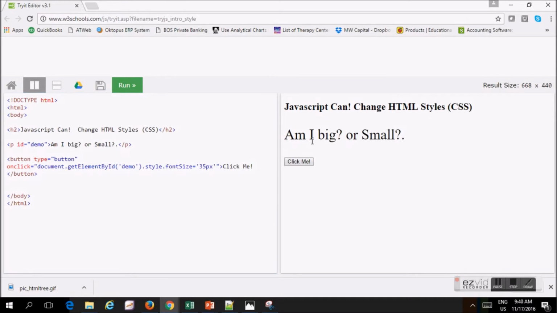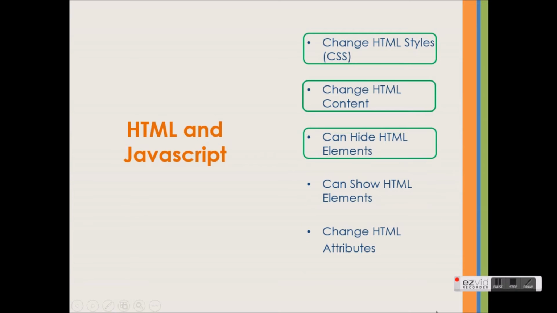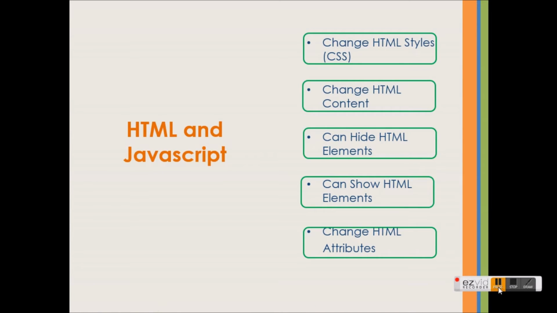Using JavaScript, we can make the font bigger. And that's not all. JavaScript can change HTML document content. It can hide HTML elements. It can show HTML elements. And it can change HTML attributes.